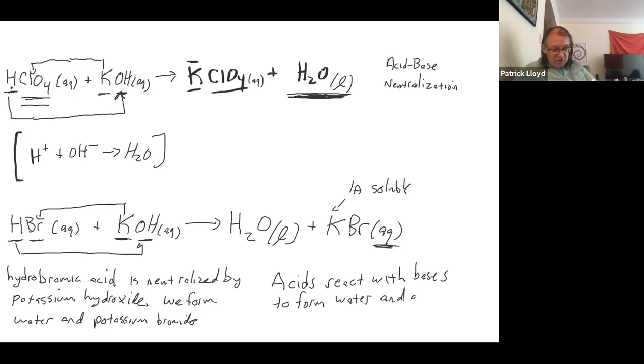and a salt. This is actually a definition of what a salt is. A salt is the product of the reaction between an acid and a base. One of the two products of a neutralization reaction.